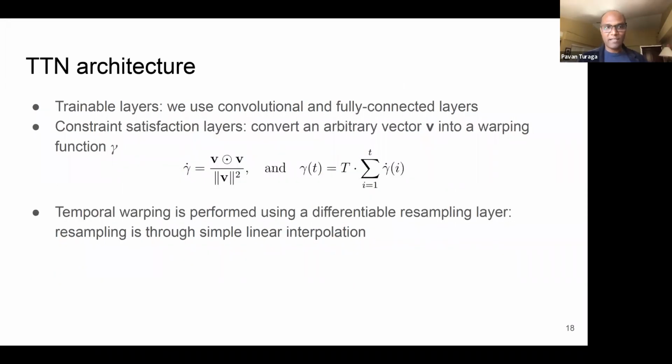A few more specific details: what is going on in the constraint satisfaction layer. It's taking an arbitrary vector and warping it into a time warp function using some standard techniques. And most of these normalization steps, these constraints that we're adding, are differentiable. So they can be trained end to end with standard neural network optimization methods.